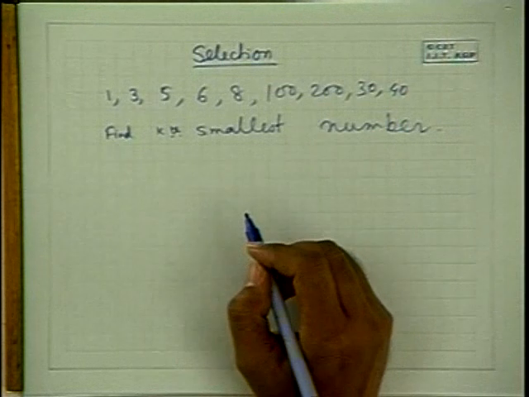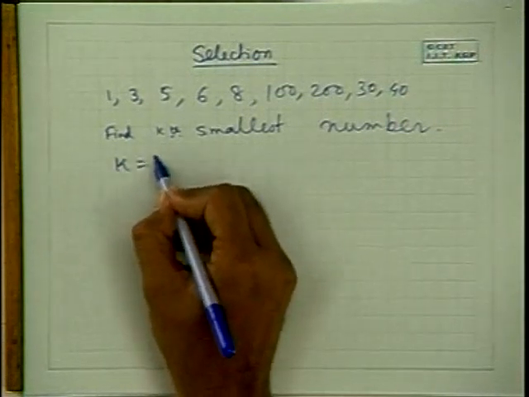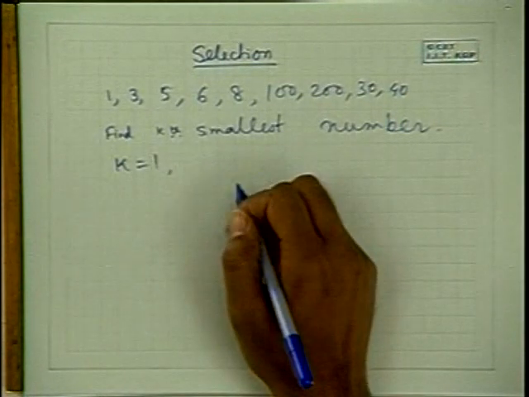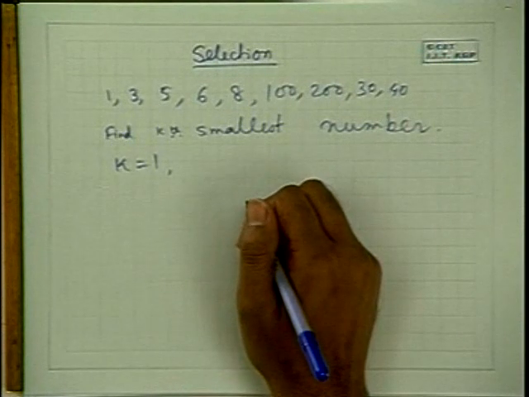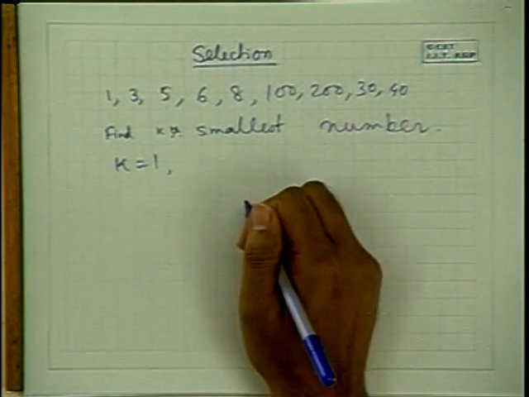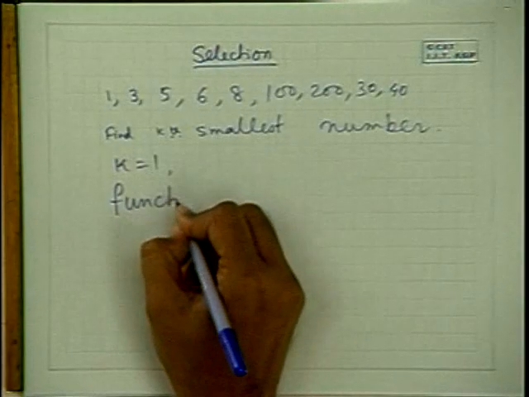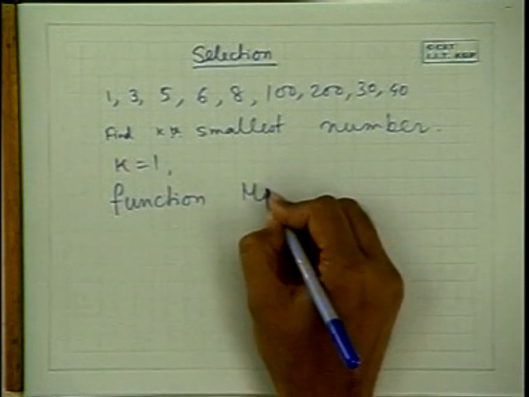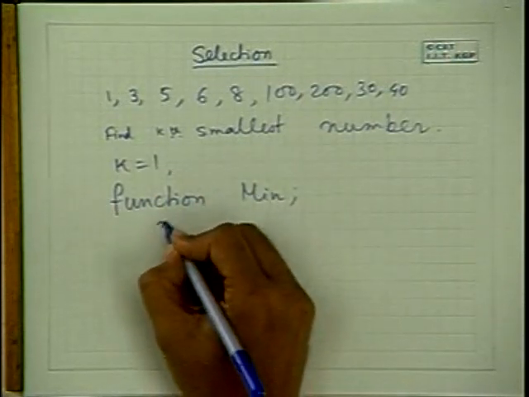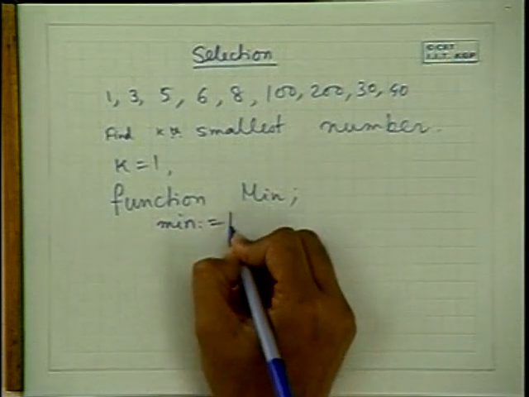Now for k equal to 1, this is the minimum finding. Suppose we solve that problem. I know all of you can write an algorithm immediately to find the minimum. So if I write that function, min is equal to 1.